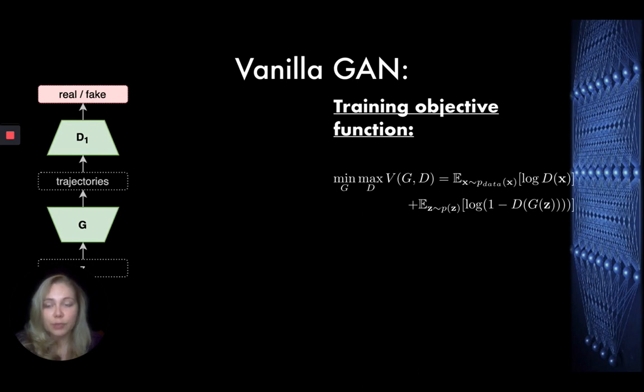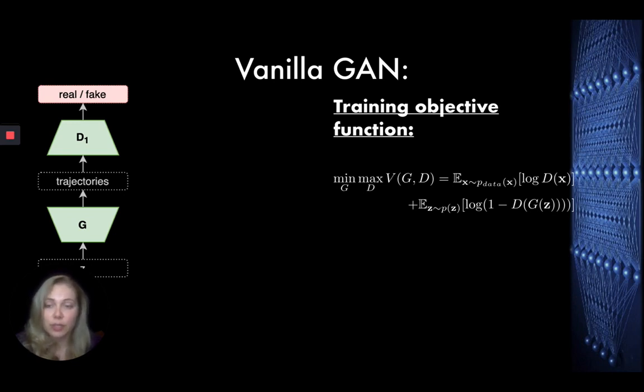Now, a little bit of theory on GANs. So the classic GAN architecture involves two networks, generator and discriminator. The generator inputs noise and produces realistic-looking data, in our case trajectories or trajectory parameters.